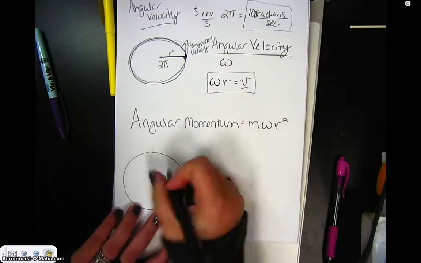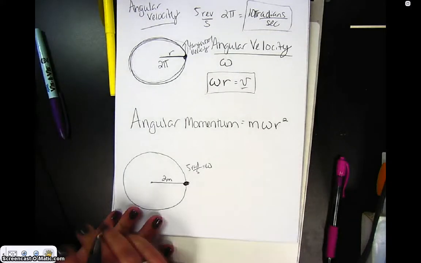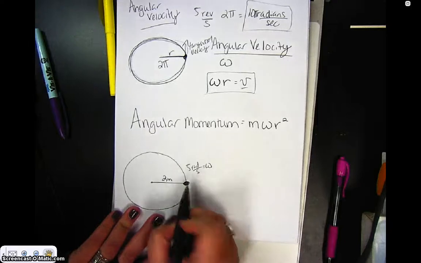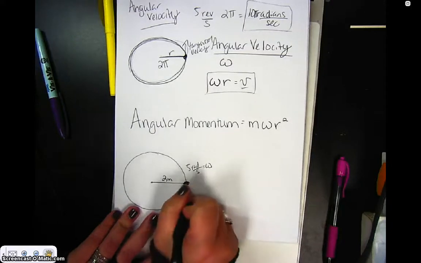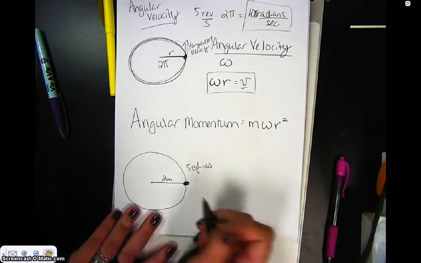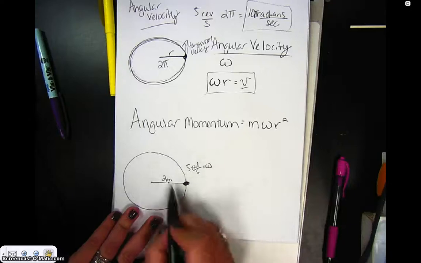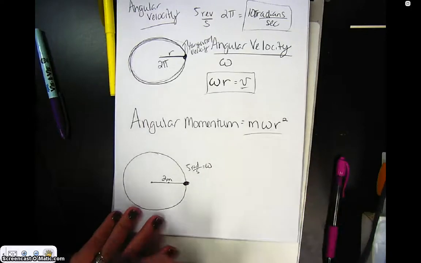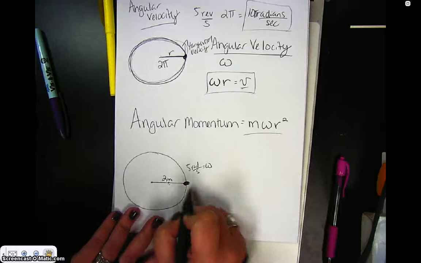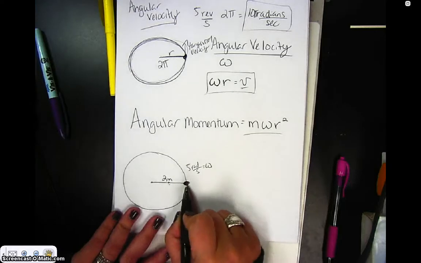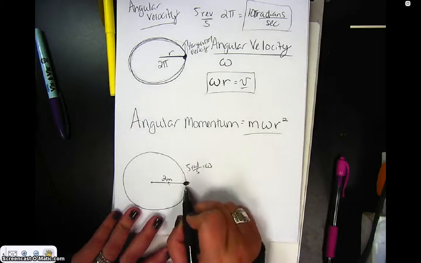Let's just say it's 2 meters to make it easy, right? If the object were to retract its arm or pull it in here, we could then actually calculate using conservation of angular momentum to figure out how fast it was going, right? Now the mass is going to stay constant, so we know that it's going to actually cancel out.